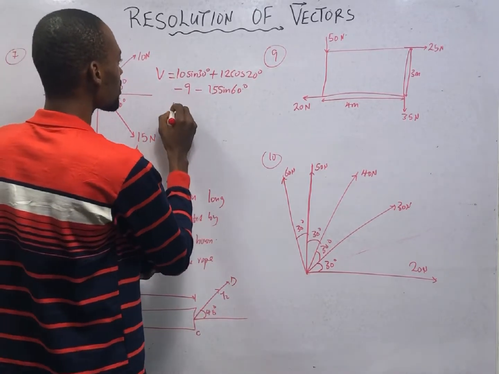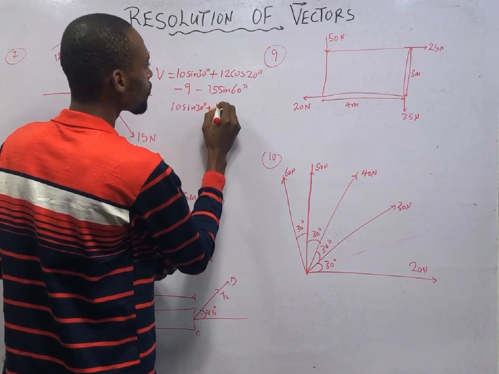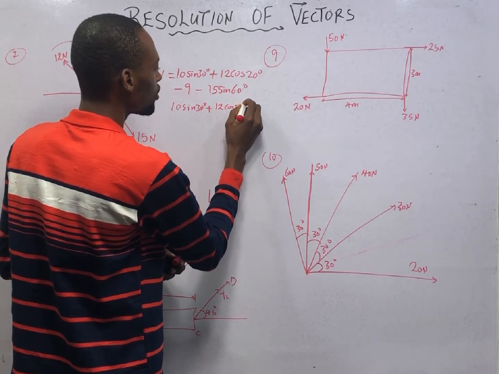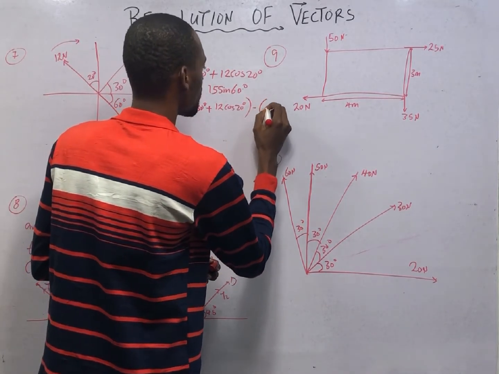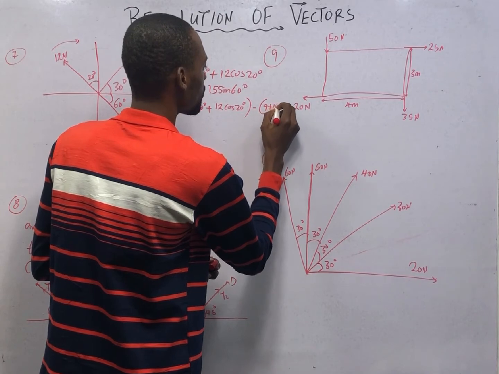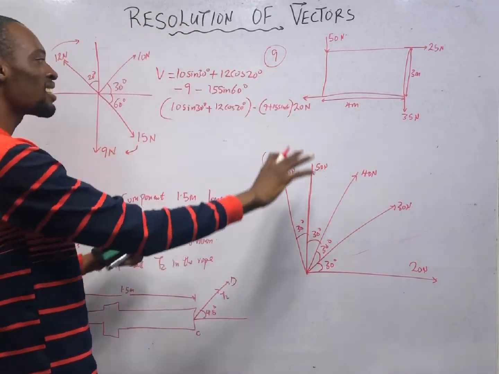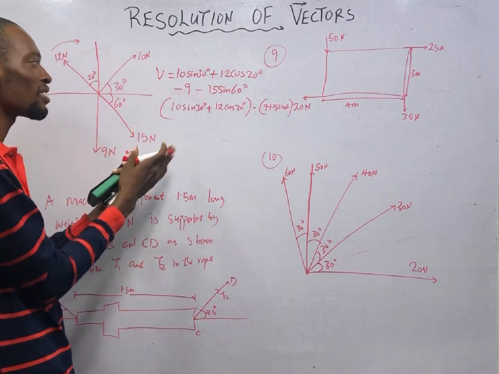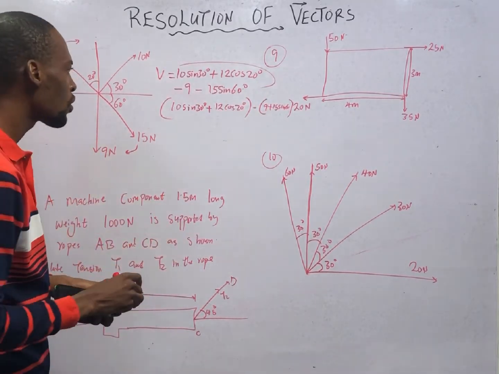So this is something as 10 sine 30 degrees plus 12 cos 20 degrees minus 9 plus 15 sine 60 degrees, which means add the two going in the same direction, subtract them. So from here, you get your vertical component.